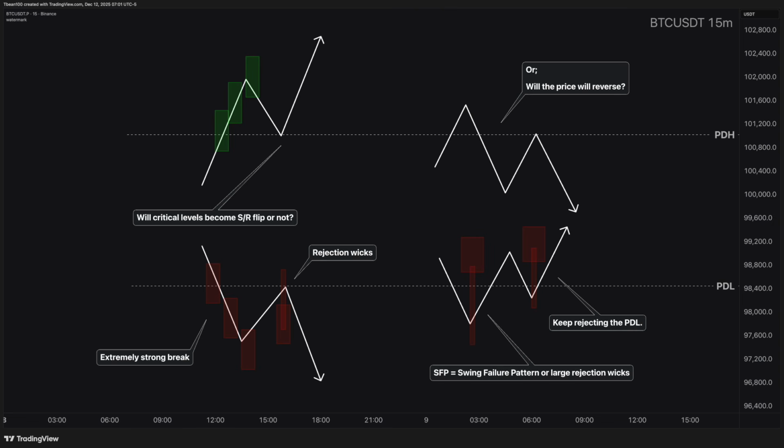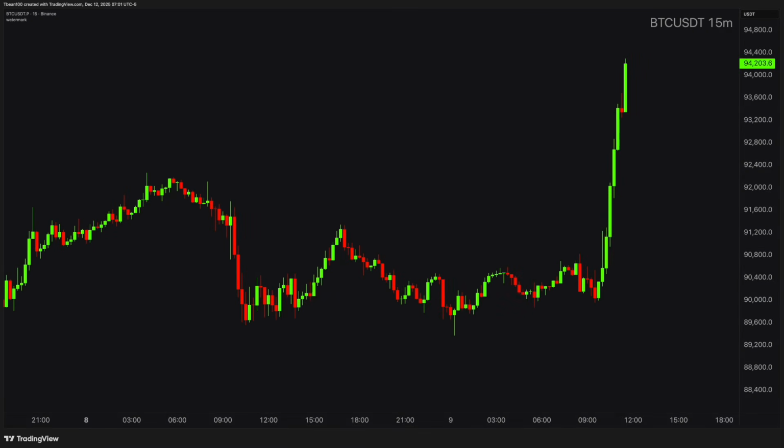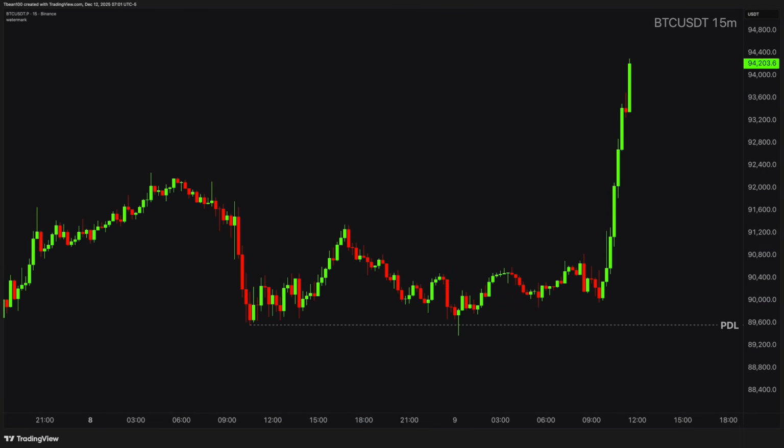As you can see, this is not an extremely complicated way of looking at and reading important key price levels. Bitcoin had a really clean example recently. Once the price took out the previous day's low level, it briefly swept that area with a nice wick and then strongly moved back into the range.